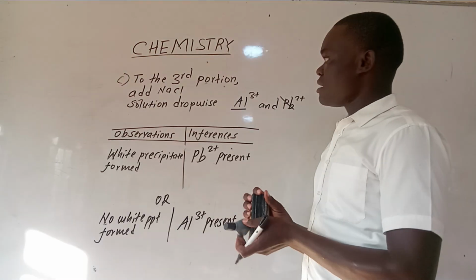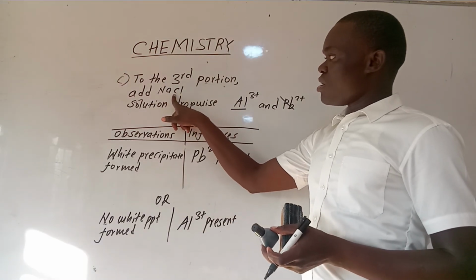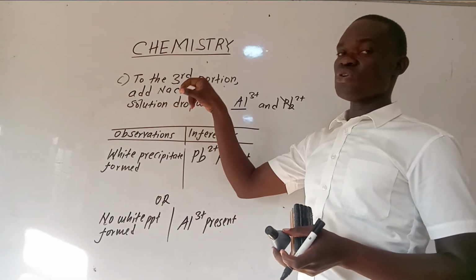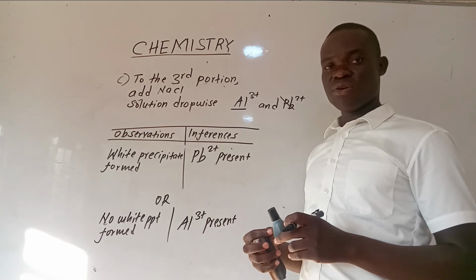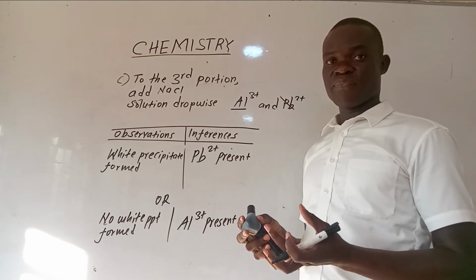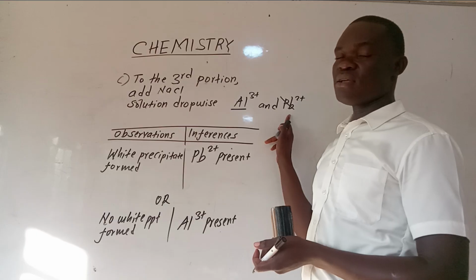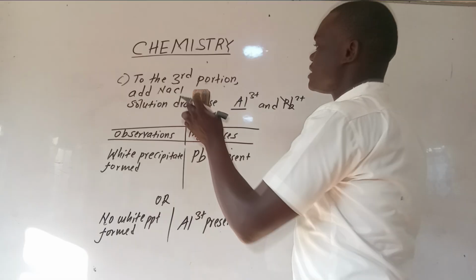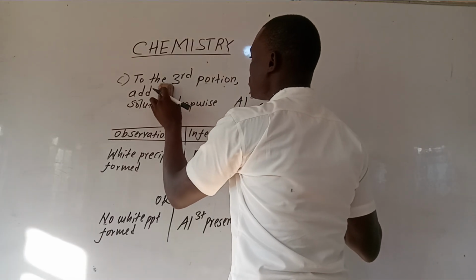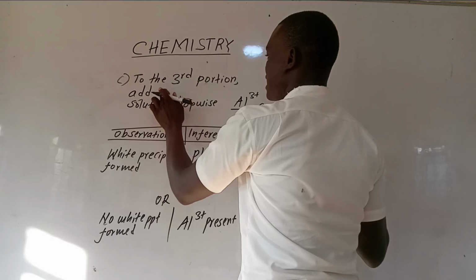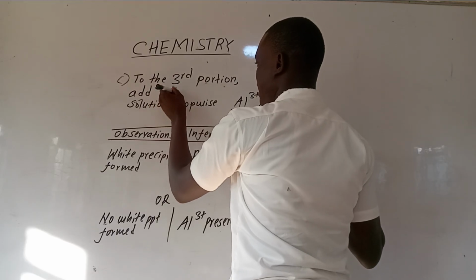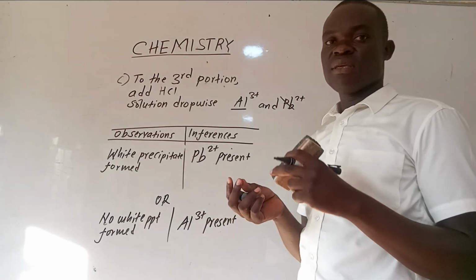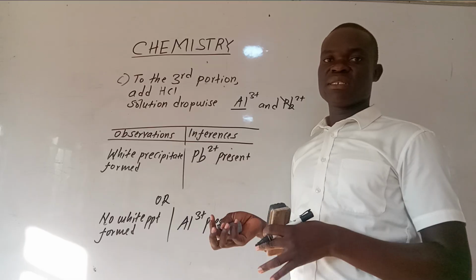Instead of using sodium chloride or potassium iodide, in place of sodium chloride we can also use hydrochloric acid, because hydrochloric acid will also provide chloride that may react with lead to form lead chloride, which may form a white precipitate. So instead of sodium chloride, we can also use hydrochloric acid, HCl. These two reagents are used in place of one another. If one is missing, we can use the other one.